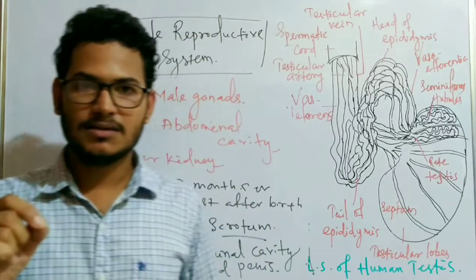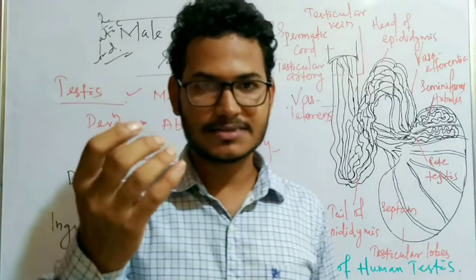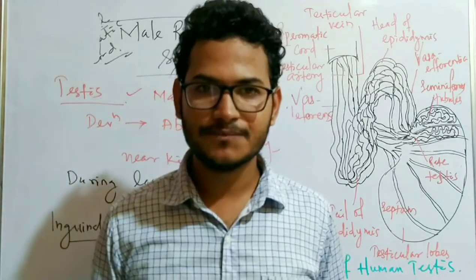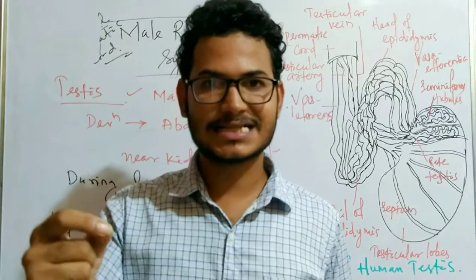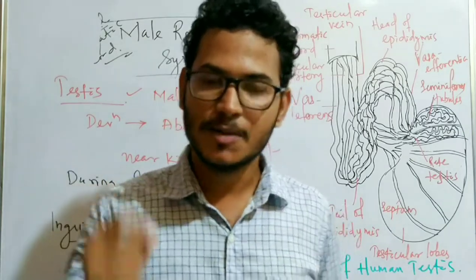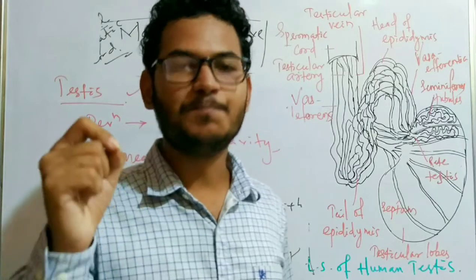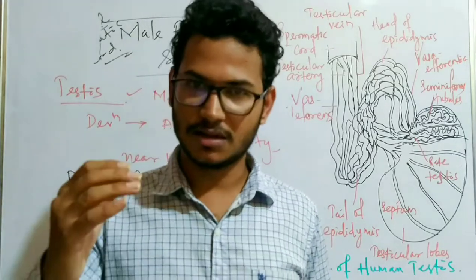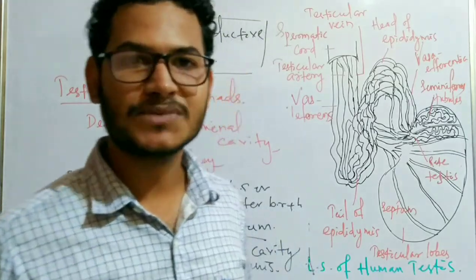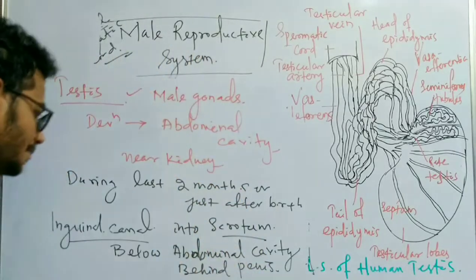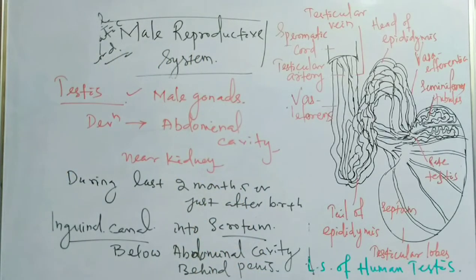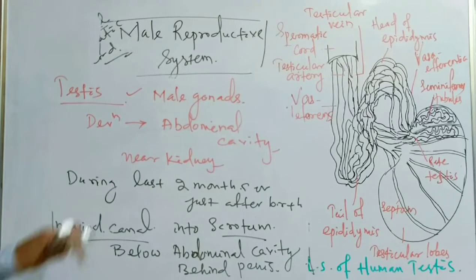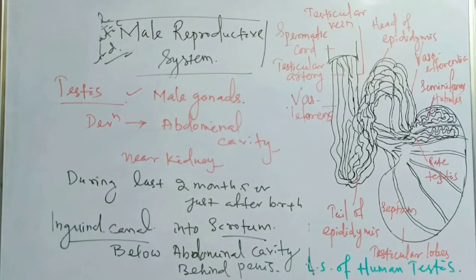This 3 degree lower temperature provides the best condition for the development of sperm, making it mature and motile. That is why it is outside the body, although it is vulnerable to injury.